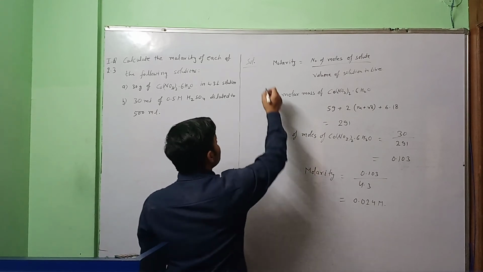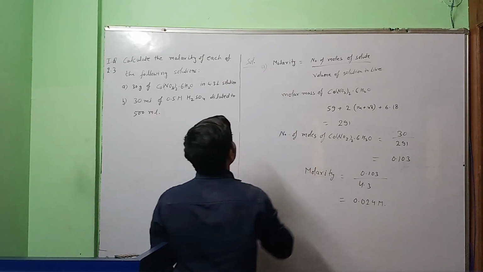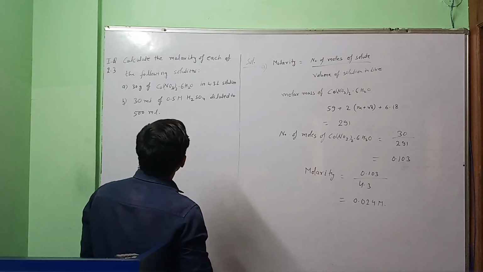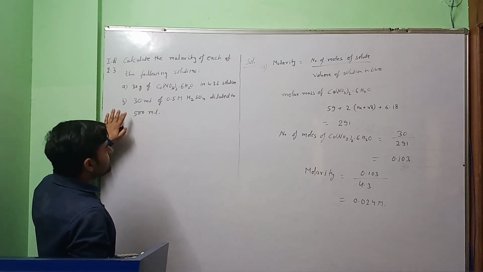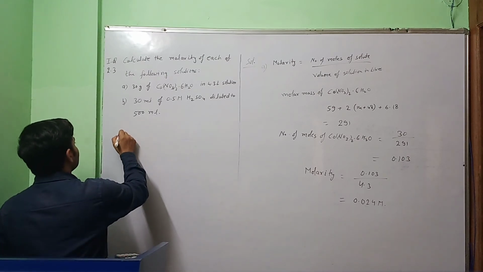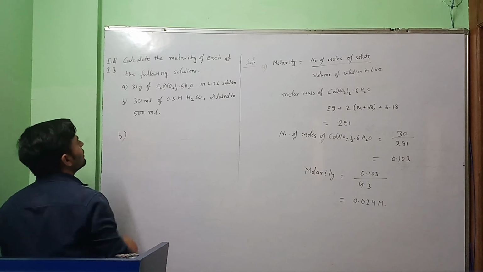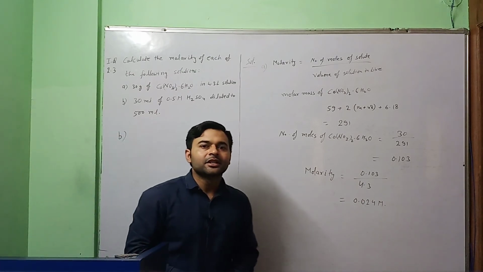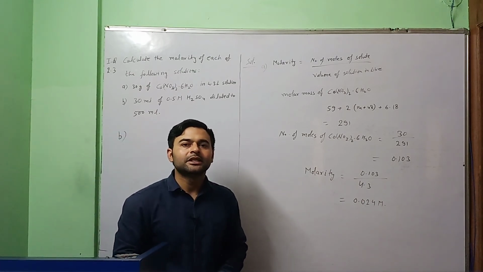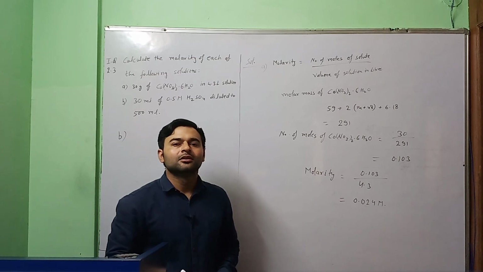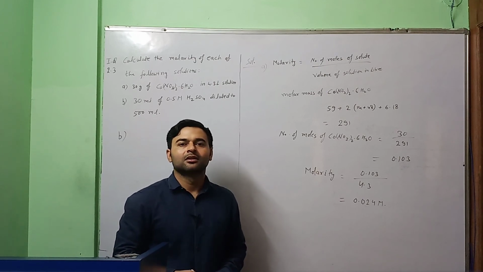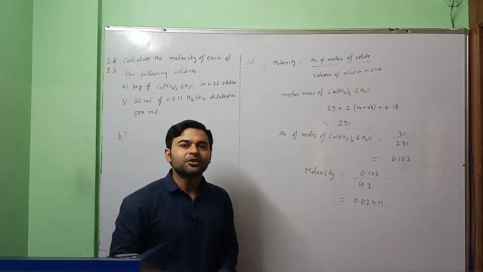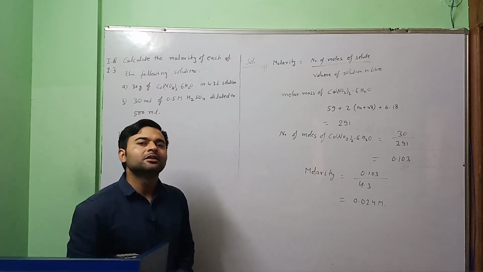So this is the solution of part A, and now we are solving part B. B is the case of dilution. In case of dilution, the number of moles of solute comes from the solution which is being diluted.